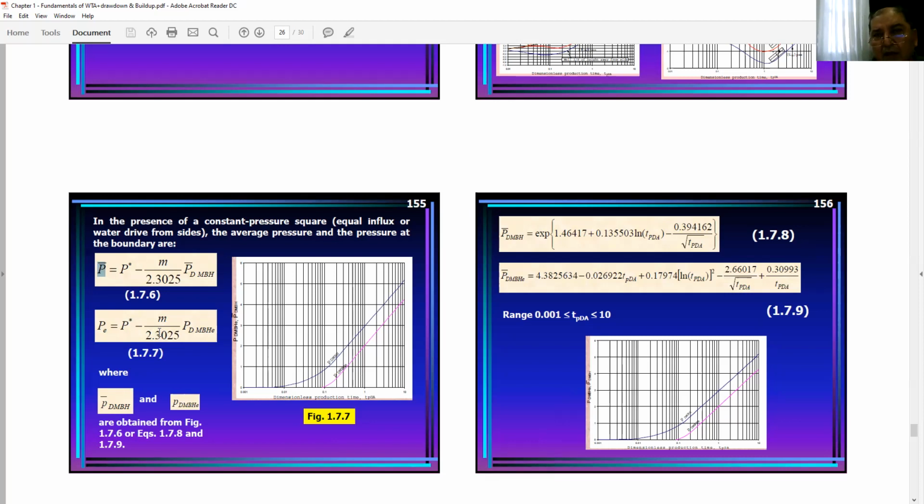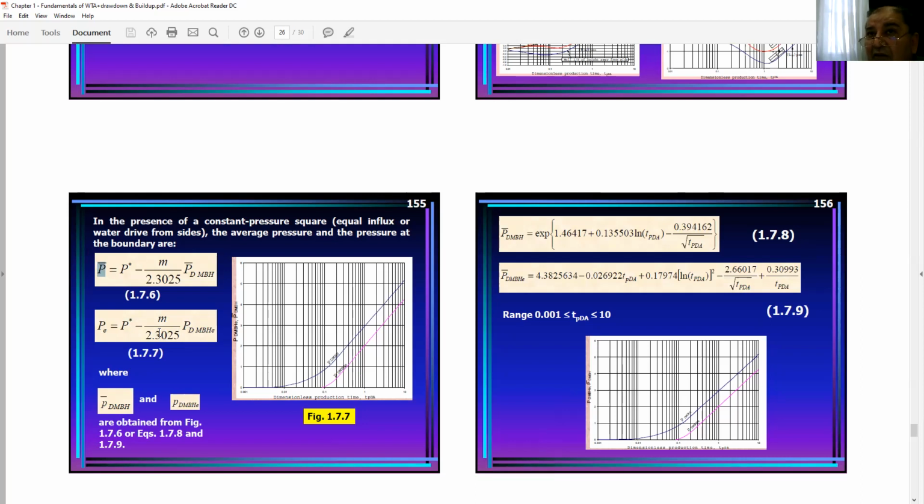Now, going back, I don't know if you have taken this in reservoir engineering, but there is some difference between PE and P-dash. PE is greater than P-dash, but it is less than initial reservoir pressure.